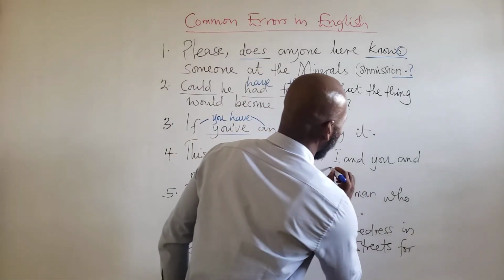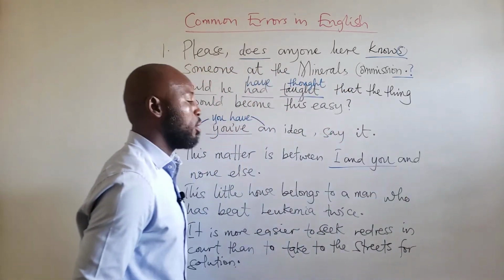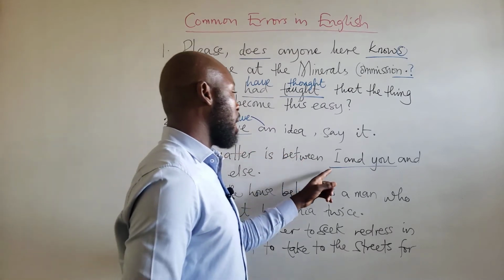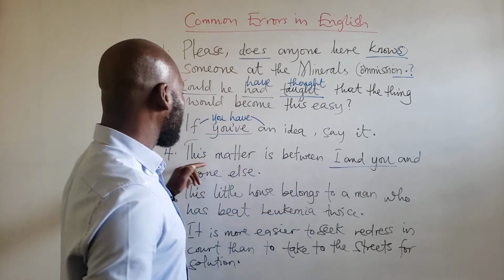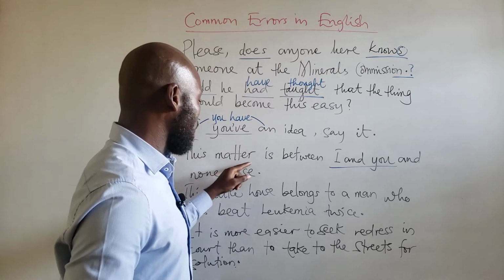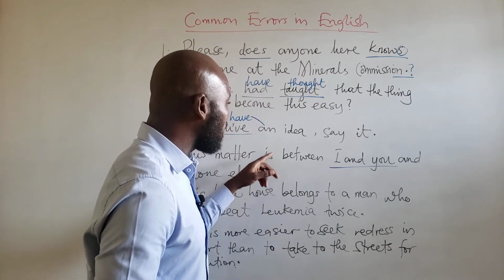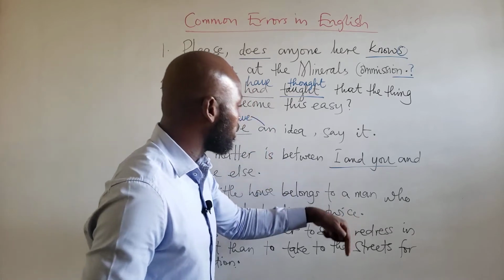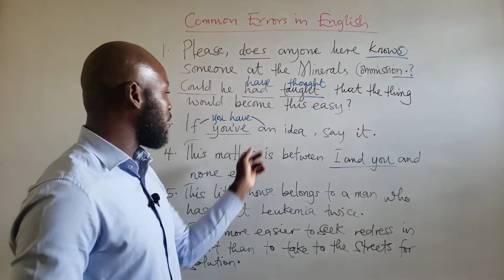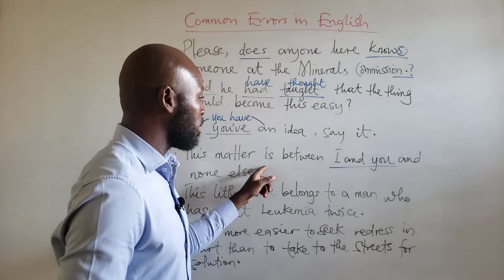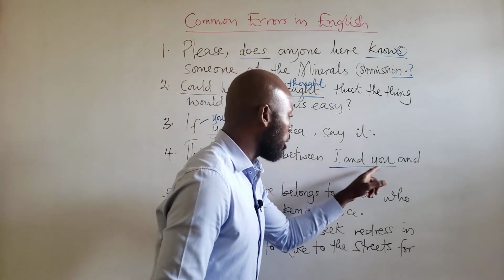Yes, you could have a matter between you and no one else, but here, I and you, the subject here is this matter. The verb is, and then the object of the sentence for this is I and you.